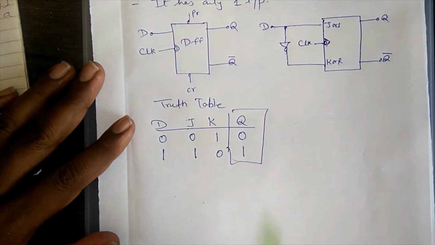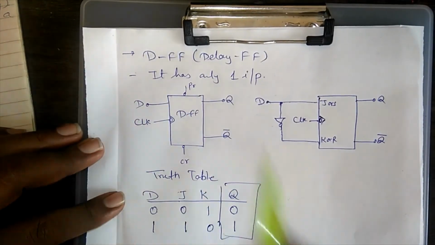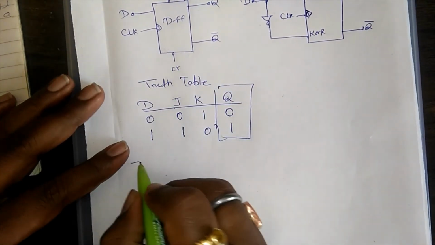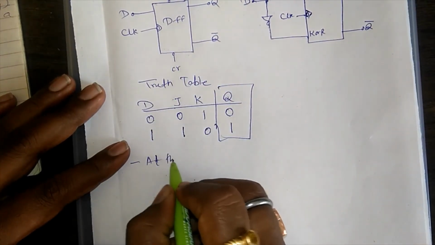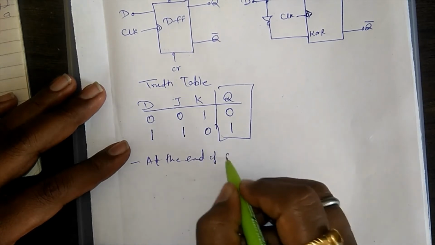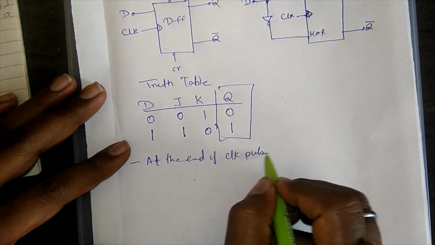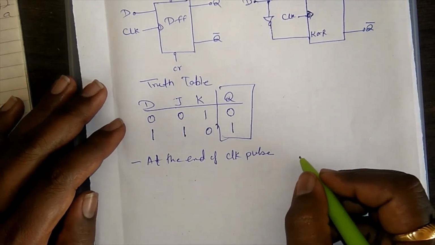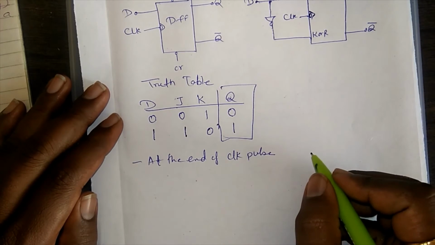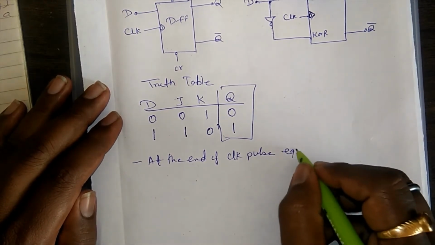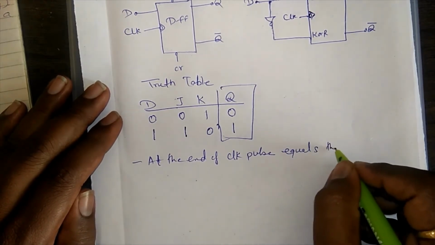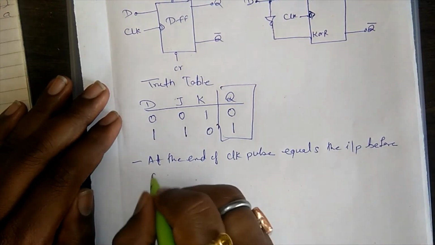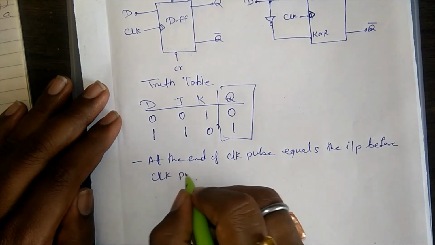Now, as it has only one input, at the end of the clock pulse the output equals the input before the clock pulse.